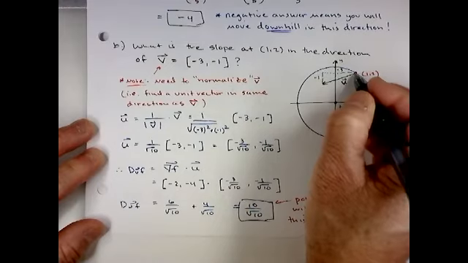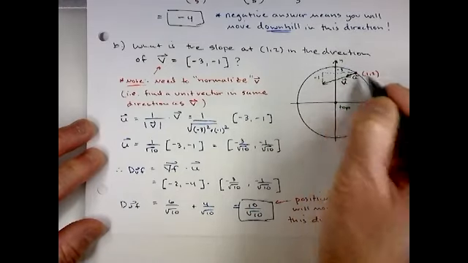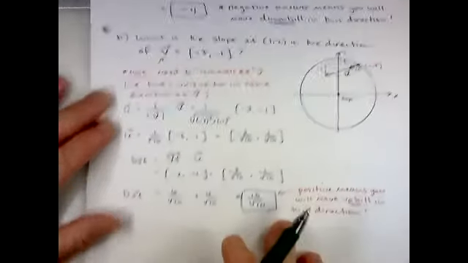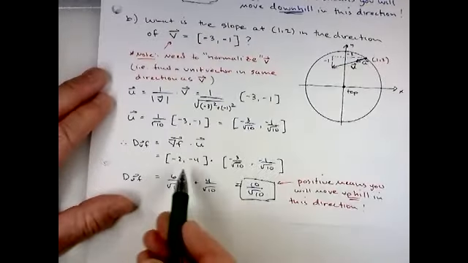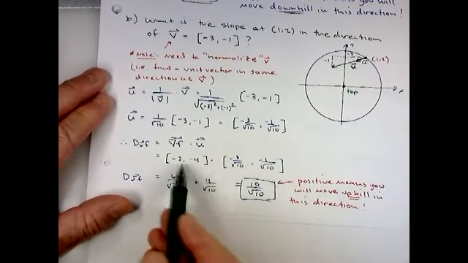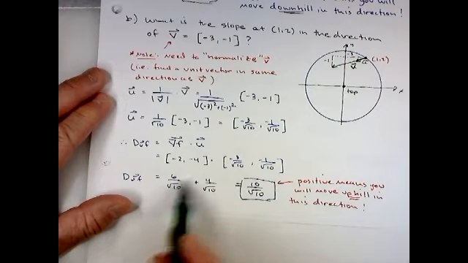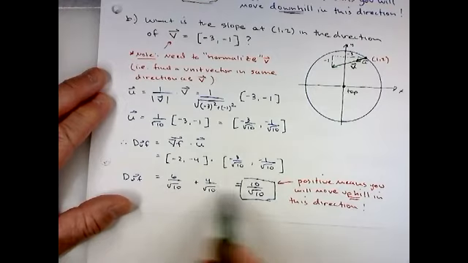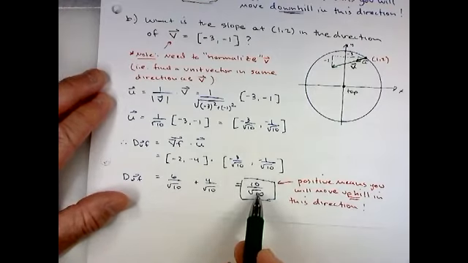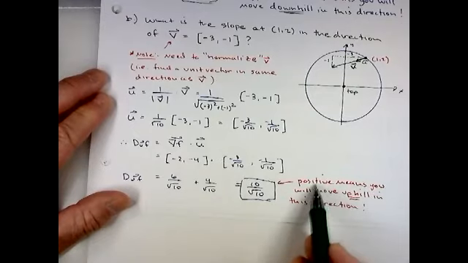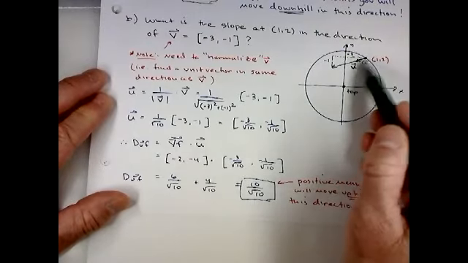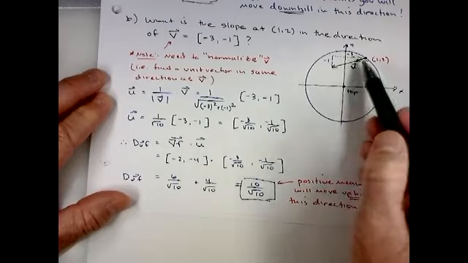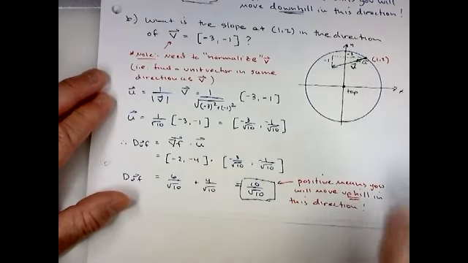So that's a vector that's just 1 unit long going in the same direction, and that's all I need. Then I'll dot that unit vector with the gradient I already worked out in the previous example, and that gives me 6 over root 10 plus 4 over root 10, which is 10 over root 10. And again, the interpretation: that's positive, which makes sense. We're going to be going uphill if we move in that direction.